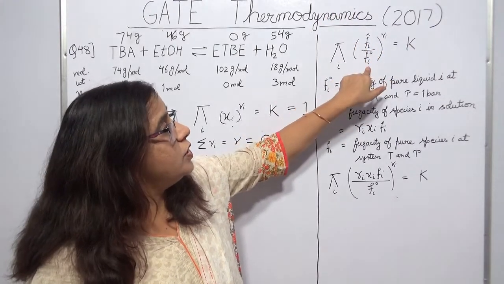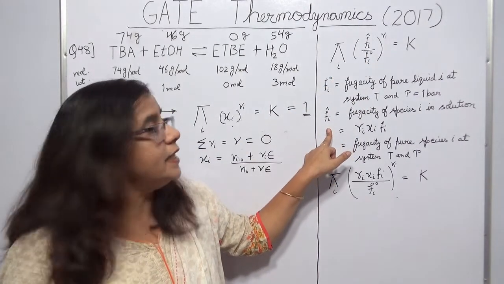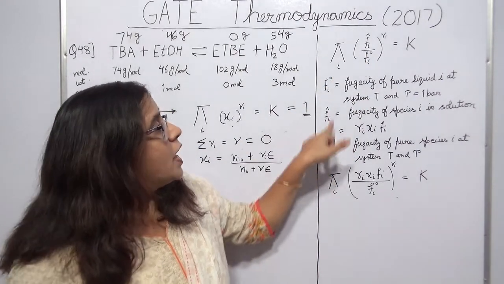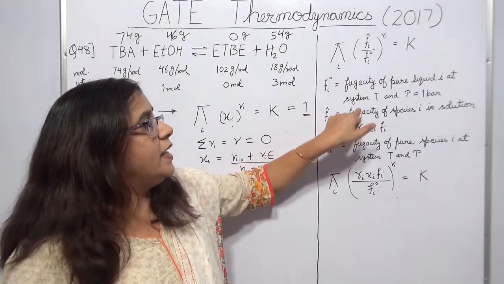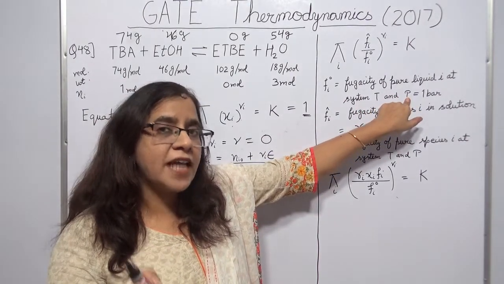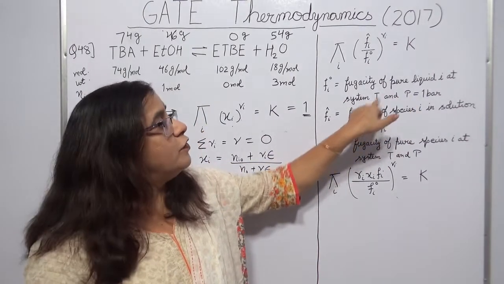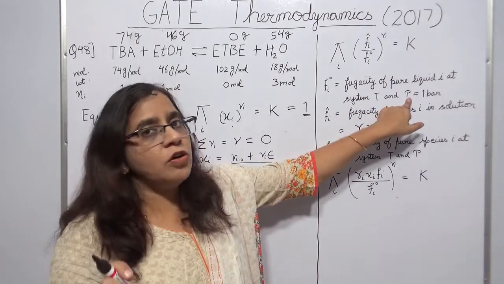Let's go through the different terms in this equation. Fi cap is the fugacity of species i in solution. What is Fi naught? That is the fugacity of pure liquid i at system temperature and pressure equal to 1 bar. So we are defining our standard state as the state of the pure species at system temperature and a pressure of 1 bar.